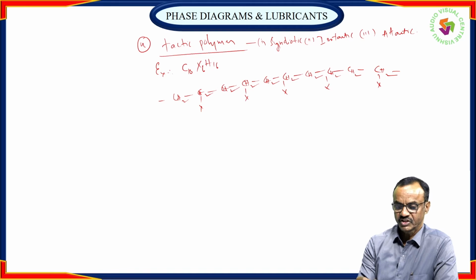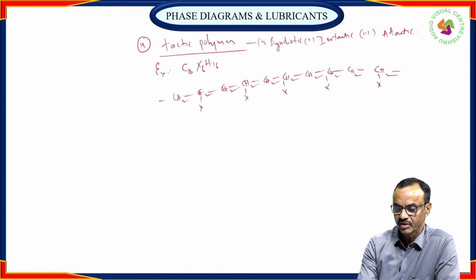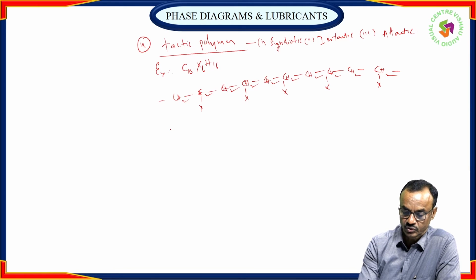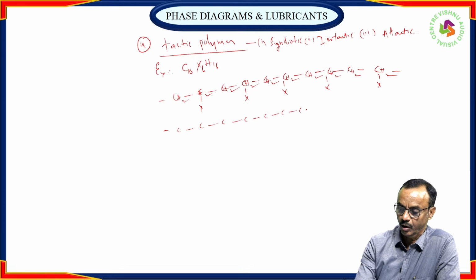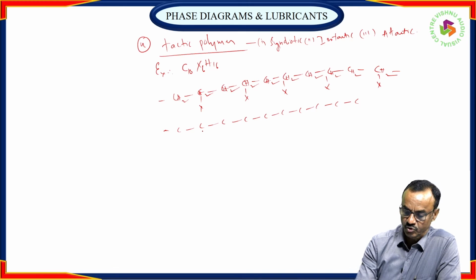So the functional groups attached to the main chain are on the same side with respect to the main chain. 1 2 1 2, 3 4 5 6 7 8 9 10. Here functional groups attached X.